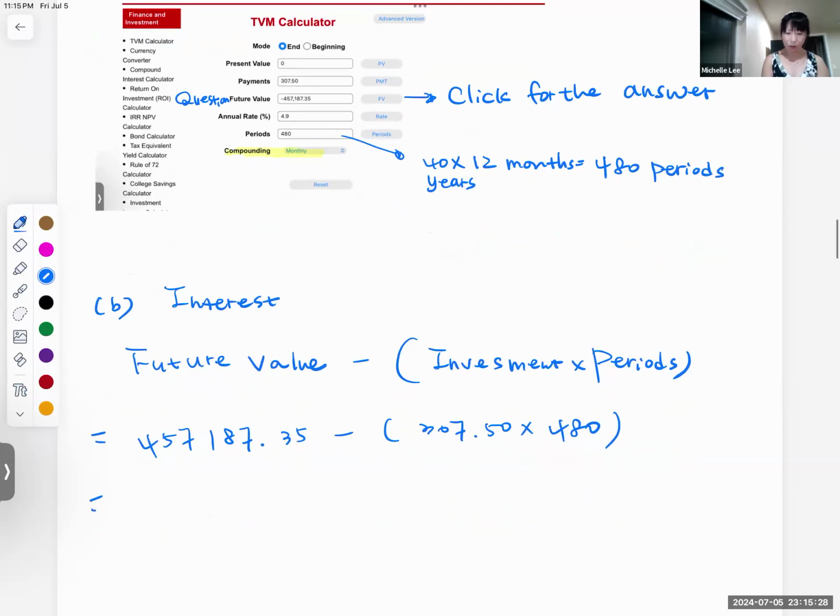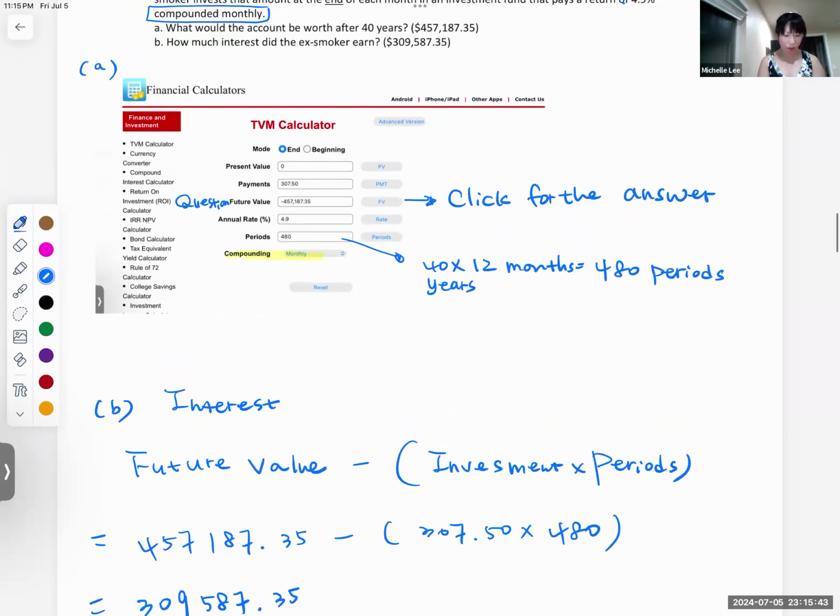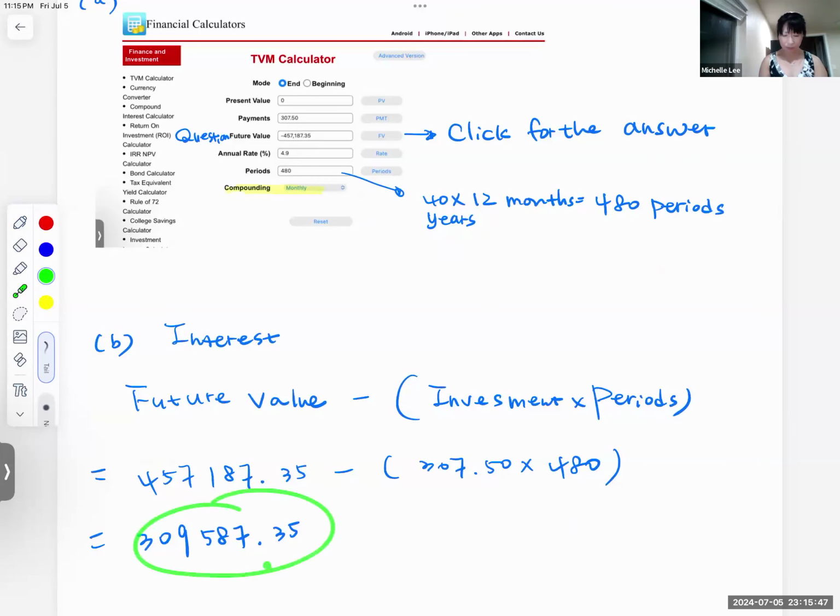Okay, if we calculate, we get 309,587.35. So can you check the answer? So this is the answer, right? Okay, you guys okay? All right, let's move on.